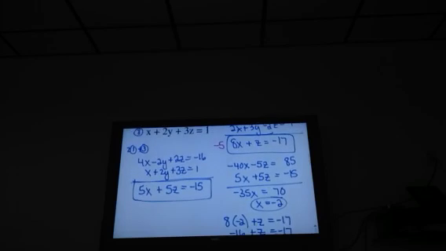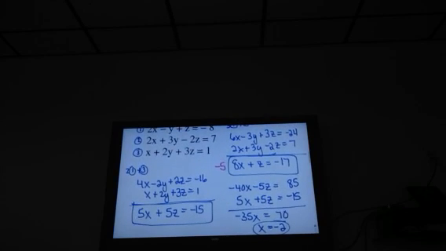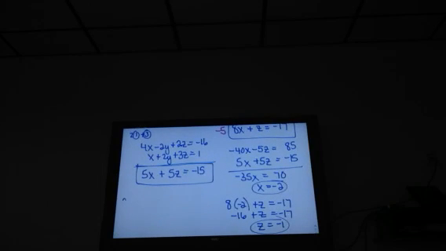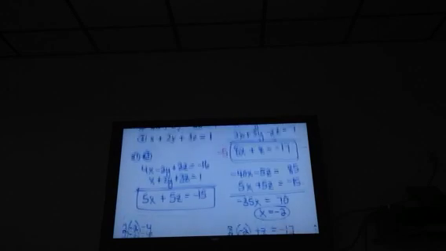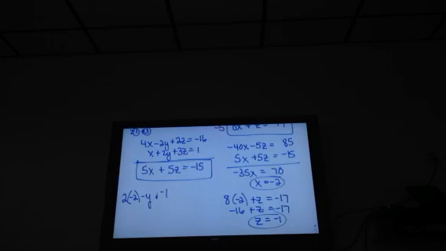Then I'll go back to the beginning to find my y. So I'm going to go to the top one. So I'm going to have 2 times x, so 2 times negative 2, minus y plus negative 1 equals, what was it, negative 8.